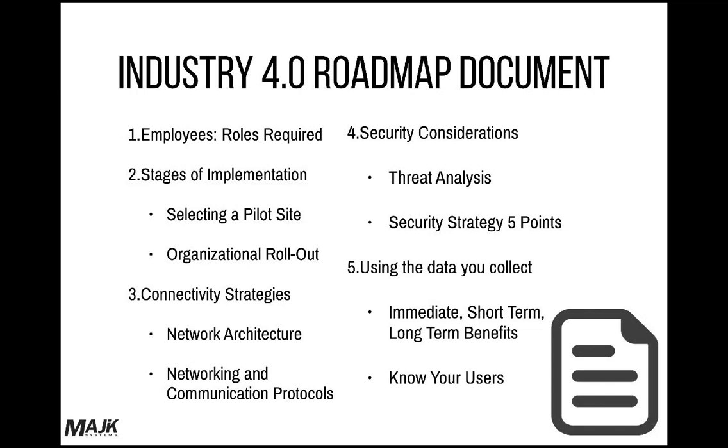Any Industry 4.0 project is going to require connecting to your factory assets on the plant floor. So you don't have to have it perfectly flushed out from the start, but you do need to know roughly what you want your network architecture to be, or have an idea of how you're going to solve that. And then also how you're going to deal with networking and communication protocols.